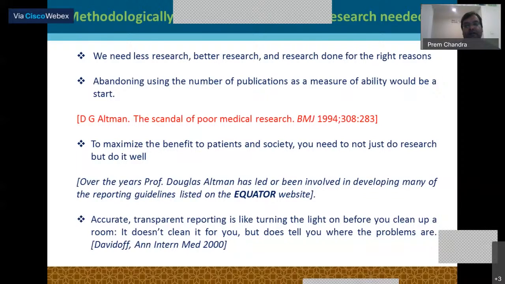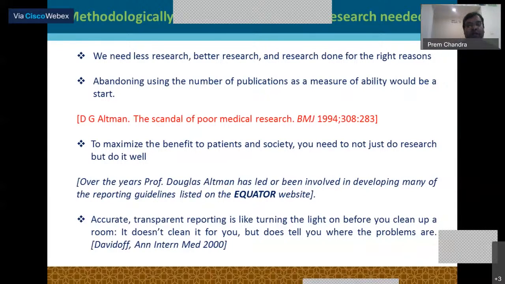Many of you might know that Professor Douglas Altman is an outstanding statistician and a leading scientist, who worked particularly on improving the quality of research from a methodological point of view, developing an enormous number of guidelines, including CONSORT and many others on the EQUATOR Network. In a few minutes, we will discuss those guidelines very briefly.